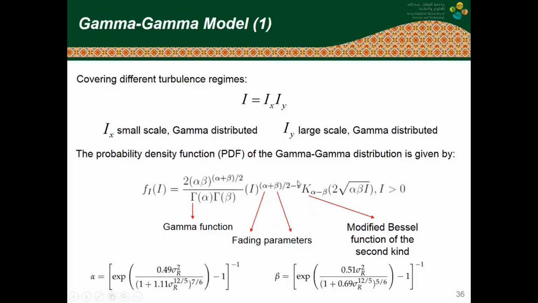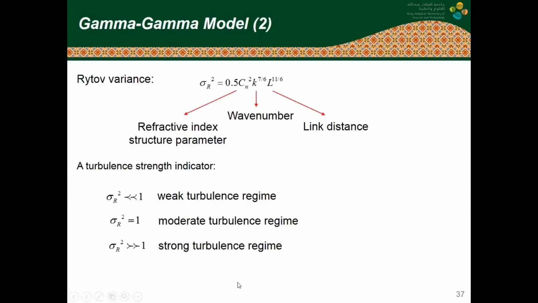It's a function of the modified Bessel function of the second kind, the K function, and of the parameters alpha and beta, which are the parameters of the gamma distributions, and they are related to the Rytov variance sigma_R via these expressions. So sigma_R is linked to the Rytov variance, to the wave number k, to the distance of the link, I mean the distance between transmitter and receiver, and to the so-called refractive index structure parameter.